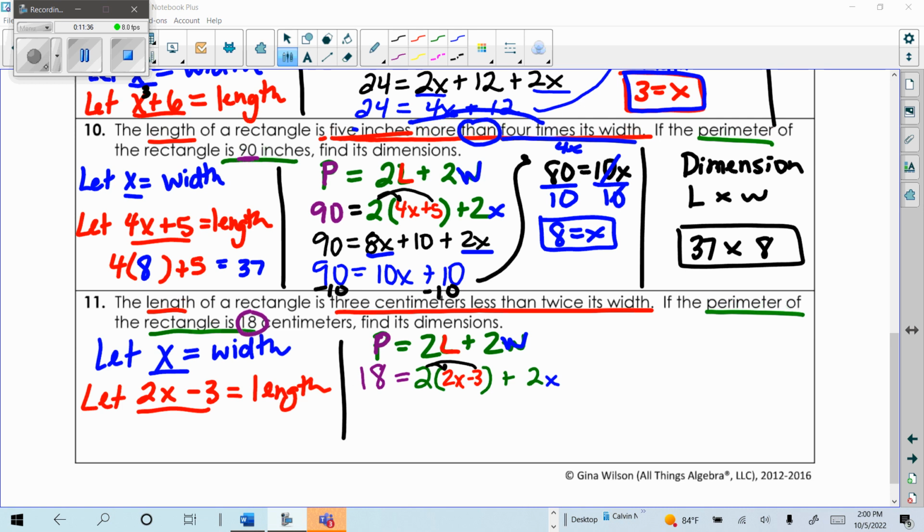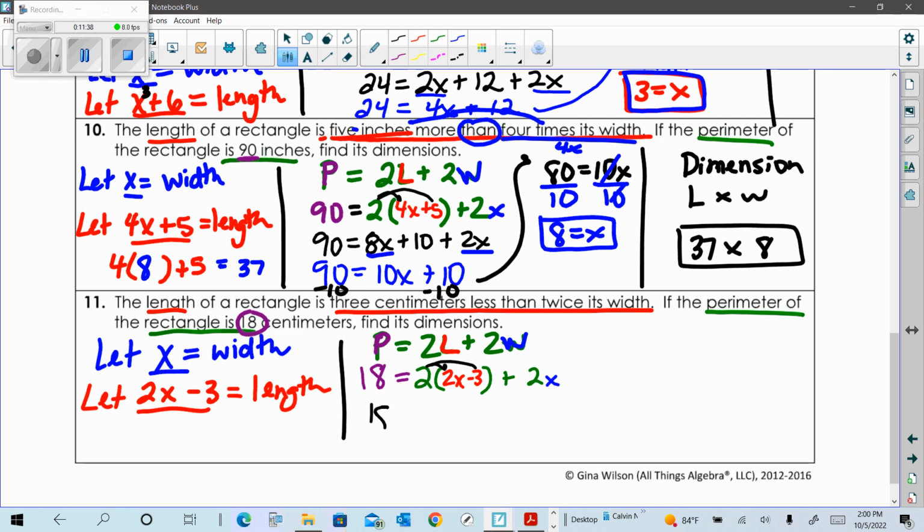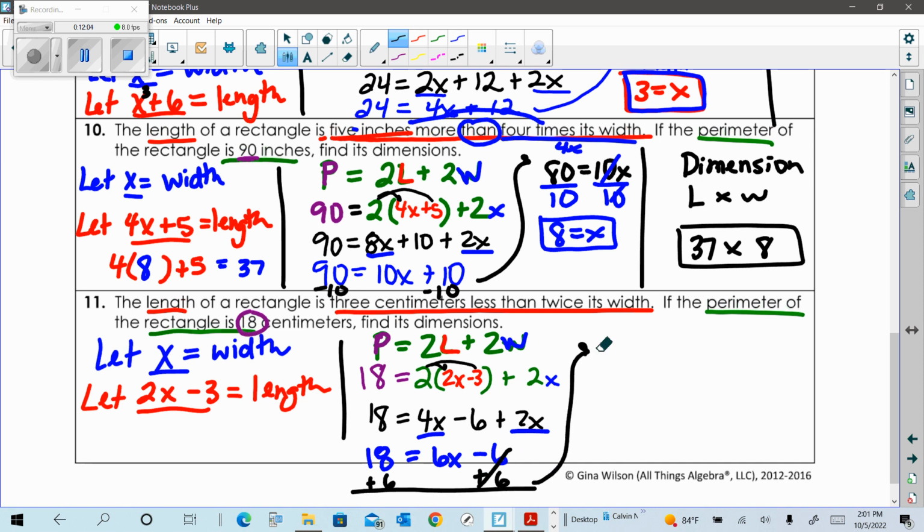You need to distribute first, so this actually gets simplified as 18 equals 4x minus 6 plus 2x. And then hopefully you are combining the like terms, and we have the equation 18 equals 6x minus 6. So to solve it, we just need to add 6 to both sides. Let me simplify over here to the right: 24 equals 6x.